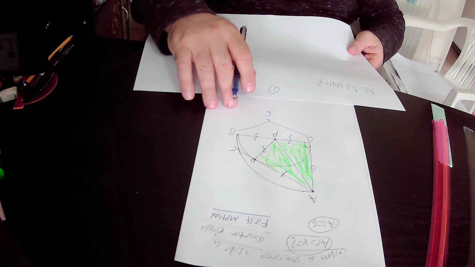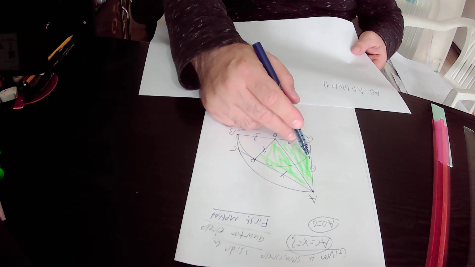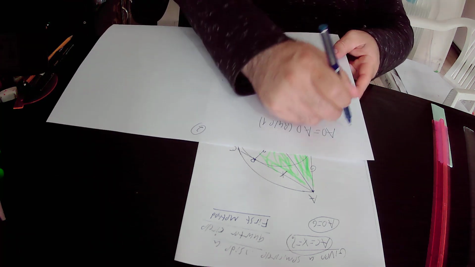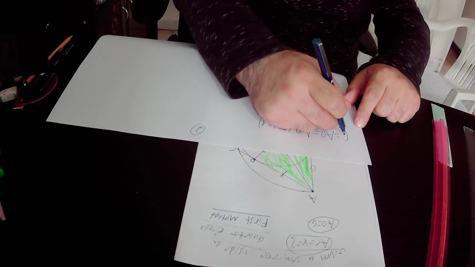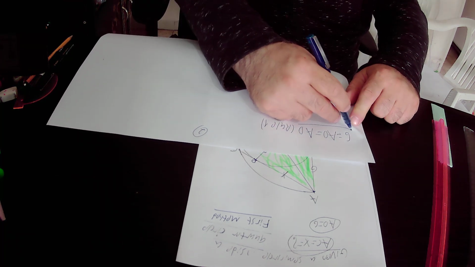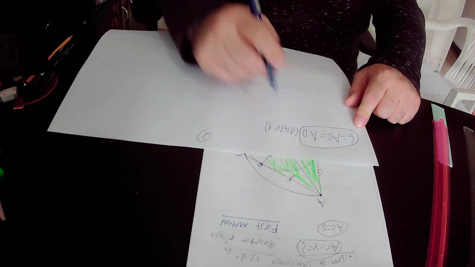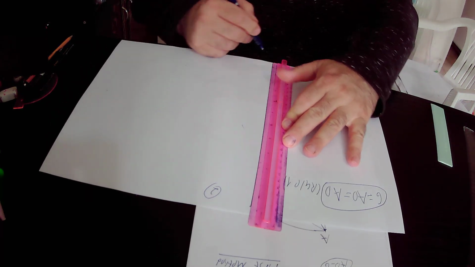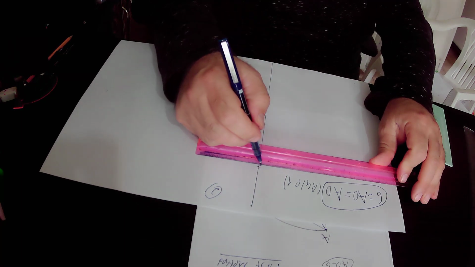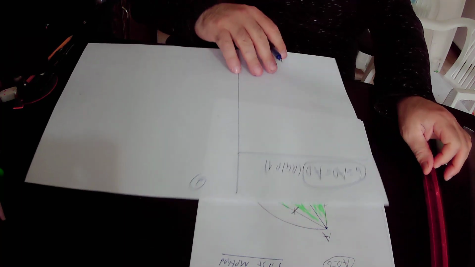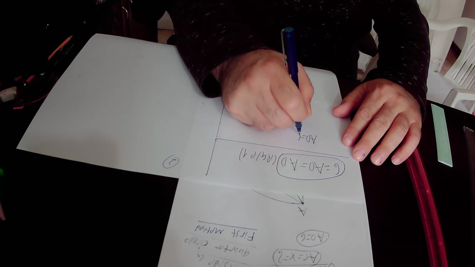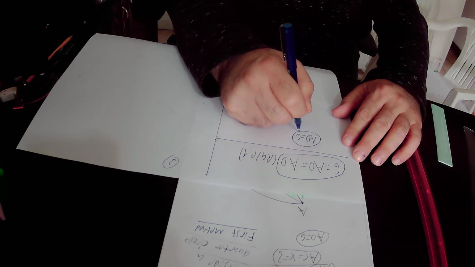But according to what is given in the question, AO equals 6 units. So we can write down here that AO equals 6 units. And from this equation, 6 equals AO equals AD, we conclude that AD is also equal to 6 units.